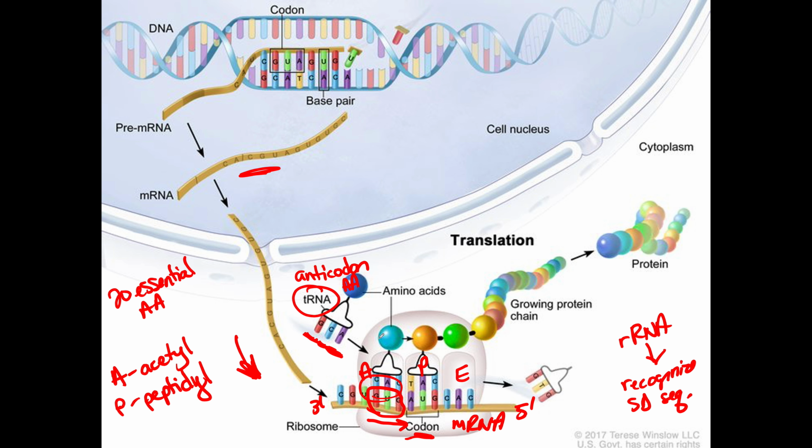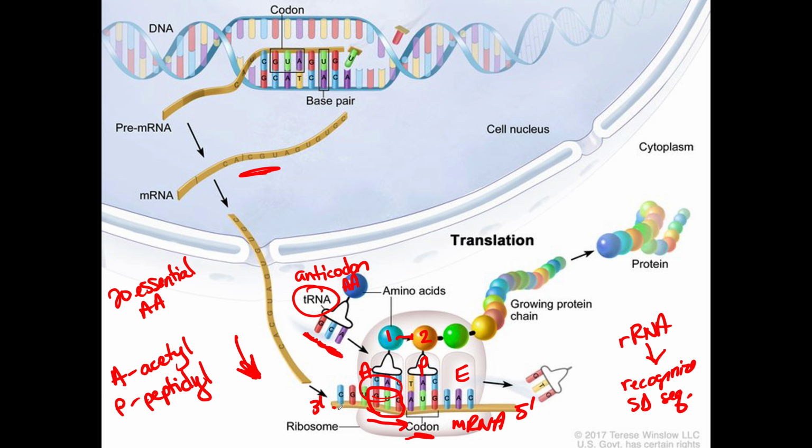And what is happening is this amino acid here, we're going to call this 1 and we'll call this 2. Amino acid 1 is going to bind to amino acid 2, which is going to get attached to it. All of our tRNAs move over 1, the mRNA moves over 1, and this amino acid and tRNA will now be in the P site.